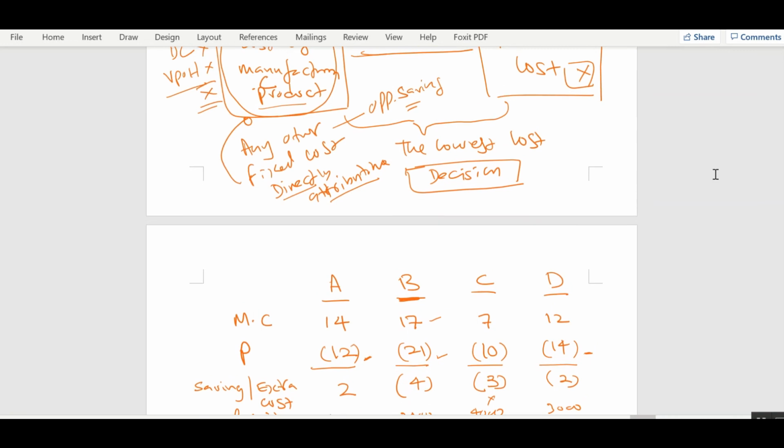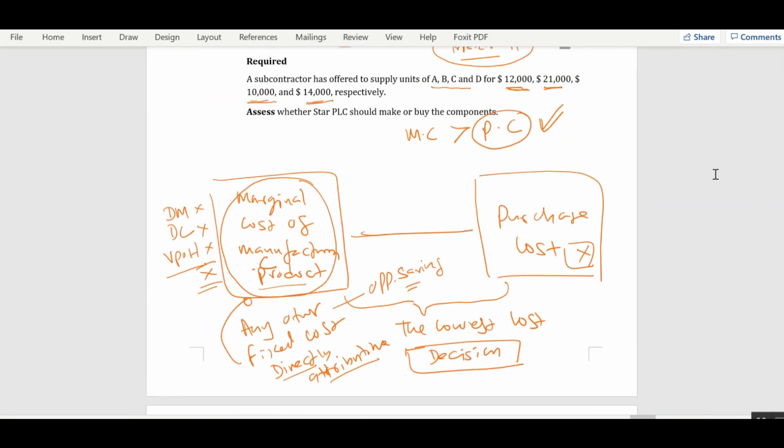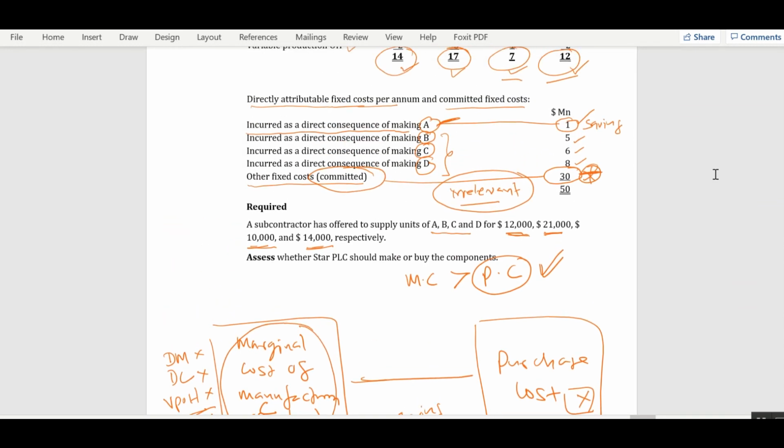If you go for the purchase option, there is an opportunity saving of directly attributable costs relating to manufacturing of these products, incurred as a direct consequence of making A. So these costs can be saved once you decide to purchase the component. So 1 million, 5 million, 6 million and 8 million.